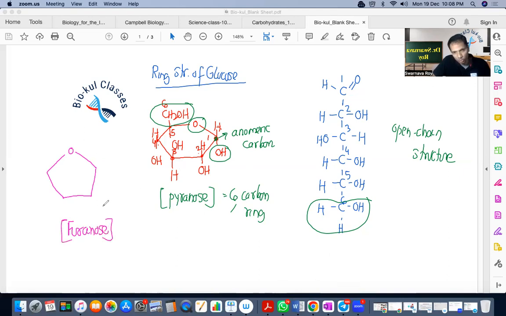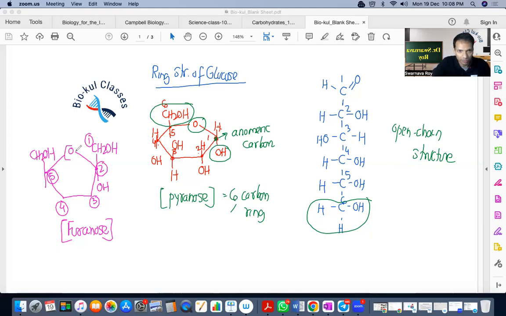This is called the pyranose. This is called the furanose structure. What's interesting is there is OH, CH2OH. This is carbon number 1. This is carbon number 2. This is carbon 3, carbon 4, carbon 5. And here you have carbon 6.